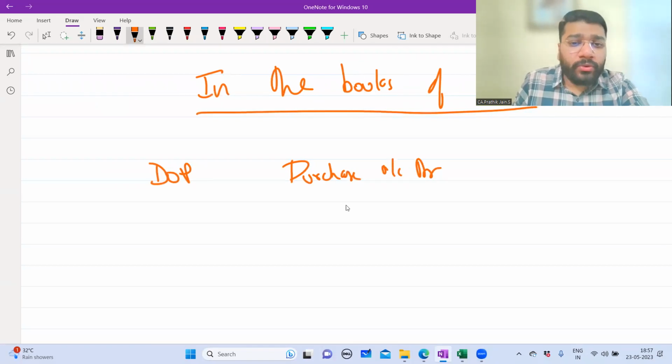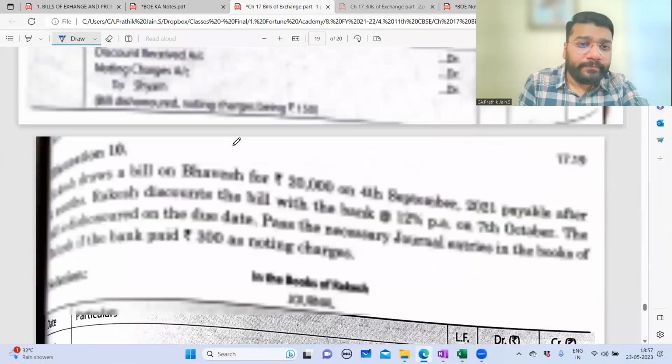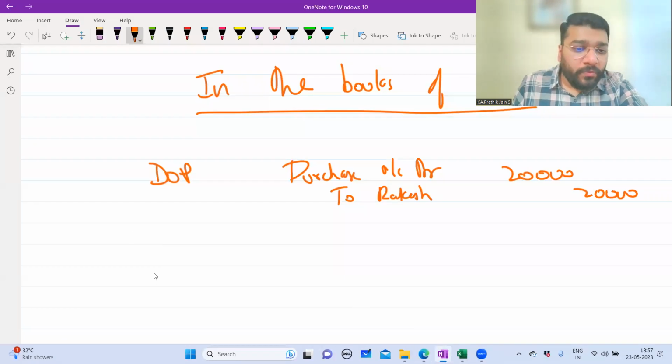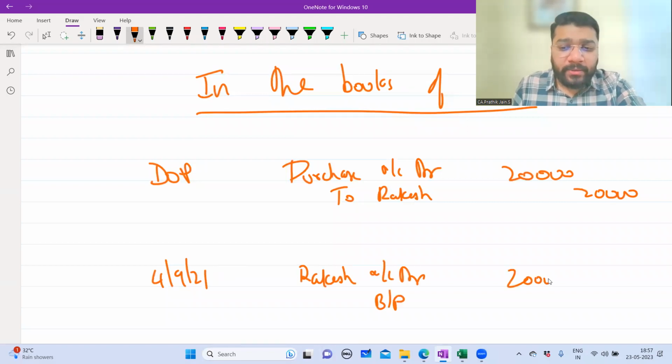Purchase account debit to Rakesh, 20,000. Guys, on which date is the bill executed? September 2021, the bill of exchange has been executed. So Rakesh account debit to bills payable, 20,000.